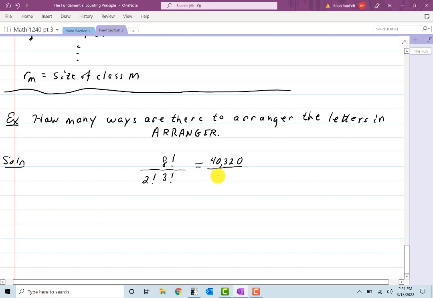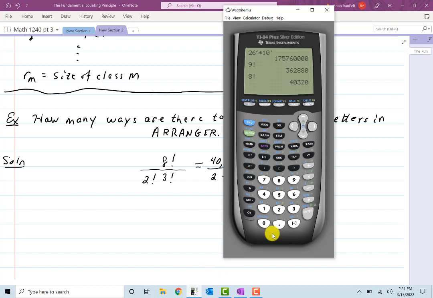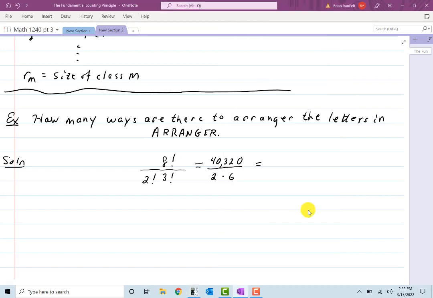And then the denominator, 2 factorial is 2 and 3 factorial is 6. So I can simply take this 40,320 and divide it by 12. So I'll simply click divide, 1, 2, enter, and I get 3,360.